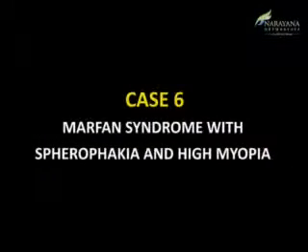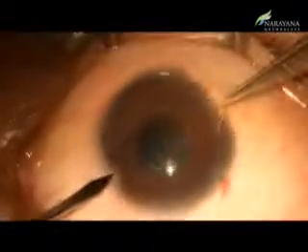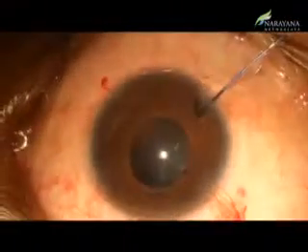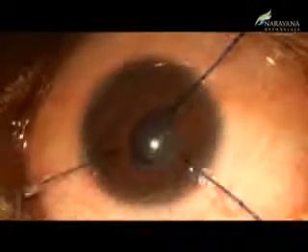This case presented with spherophakia, with subluxation and high myopia, and had poor mydriasis with shallow anterior chamber. We begin with placing 4 iris hooks to dilate the pupil.